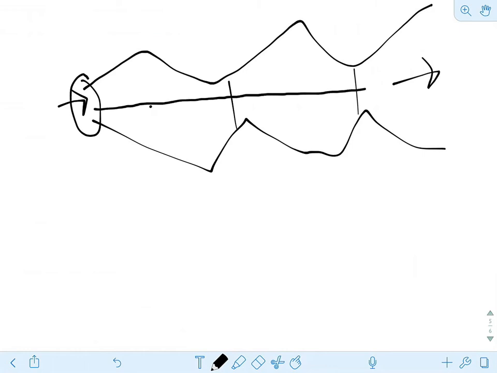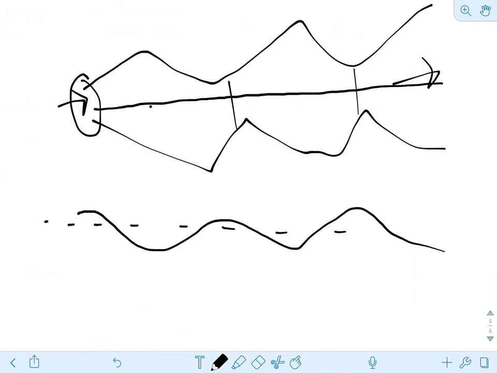So our velocity distribution might look something like this. Slow, fast, slow, fast, slow. So here's our velocity with time. Here's some kind of mean velocity with time. And it's purely related, if it's a steady and incompressible flow, to the cross-sectional area of the stream tube.